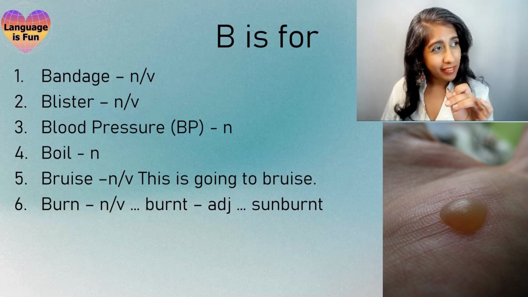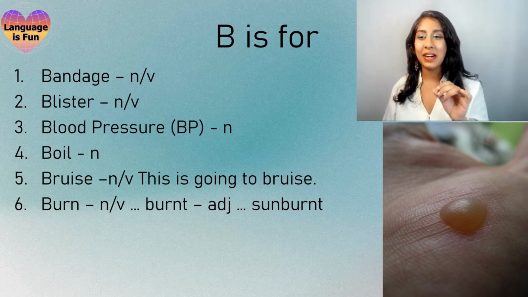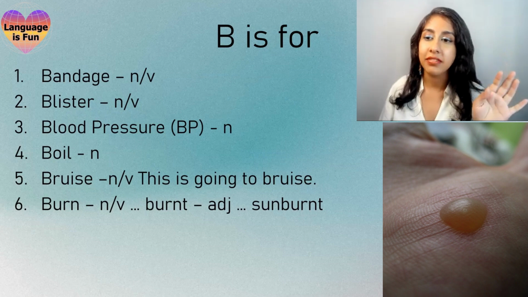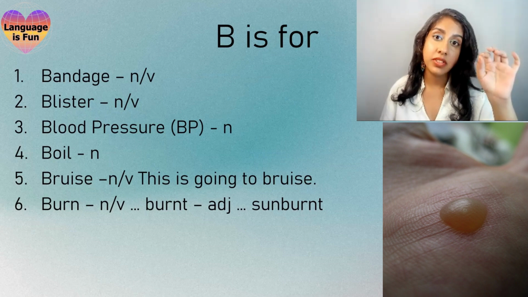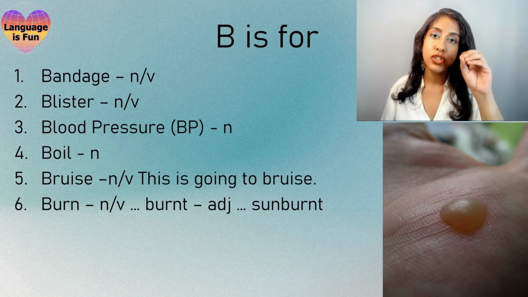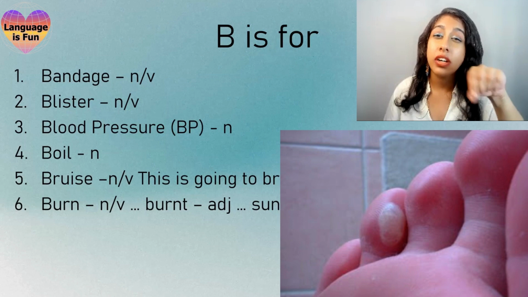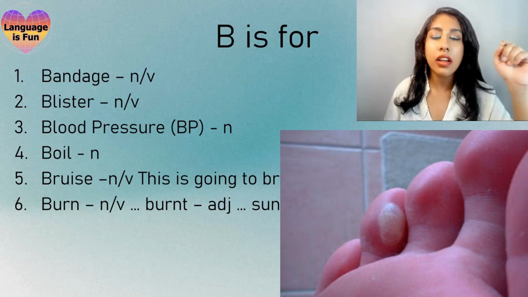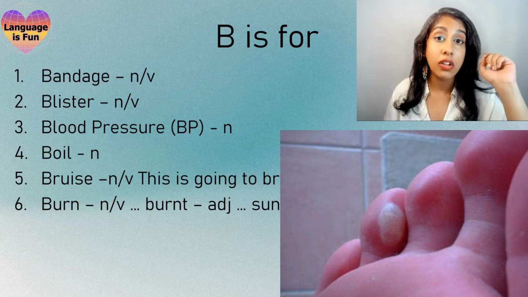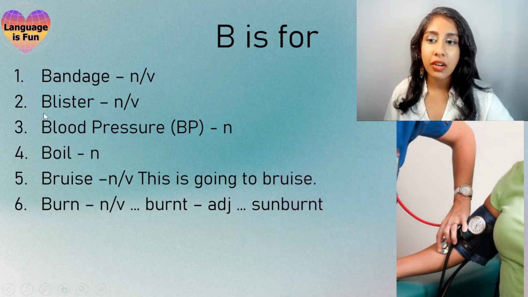I know people talk about blistering cold, but that's something different, right? Your skin can blister, that means it can do the verb, to blister. But you can also have a blister. I've got a few blisters on my toes after walking in uncomfortable shoes all day.